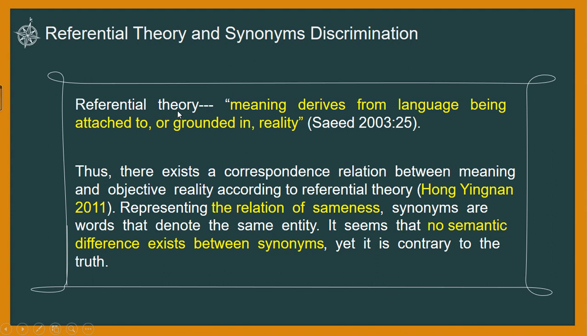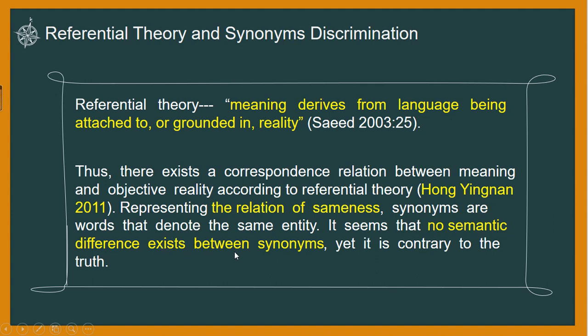The referential theory meaning derives from the language being attached or grounded in reality. Besides, Hou Yingnan in 2011 represents the relation of the sameness, but there is no semantic difference which exists between synonyms.